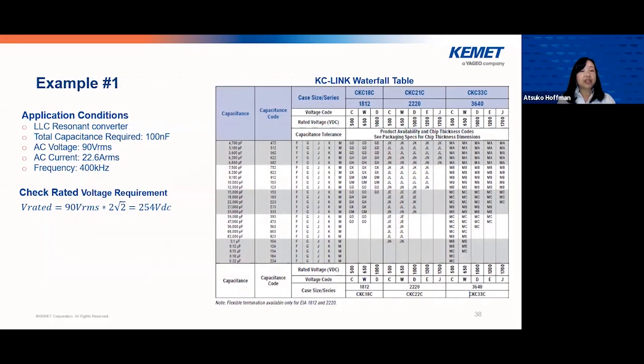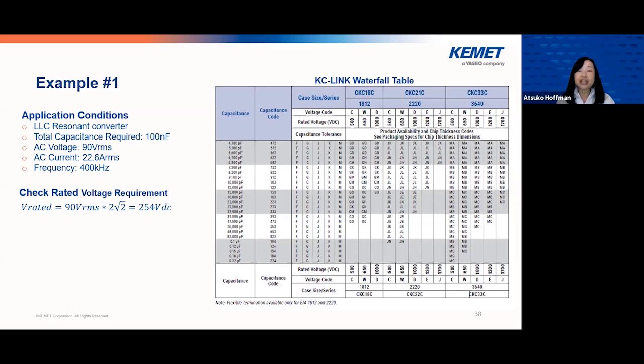Here is an actual example. We have LLC resonant converter, and total capacitance required is 100 nanofarad, and AC voltage 90 volt RMS, AC current 22.6 amp RMS, and operating frequency at 400 kilohertz.